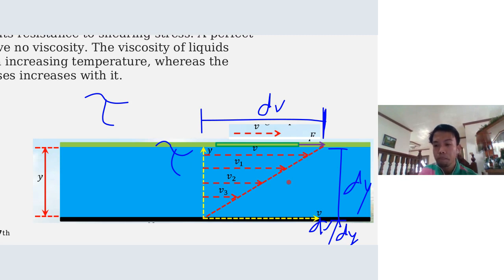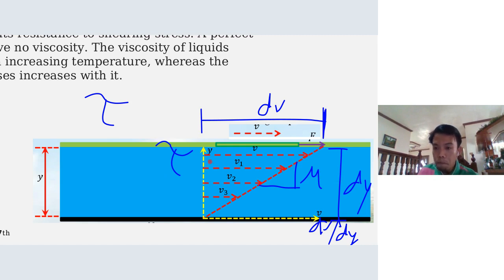So they are directly proportional. Okay, and the constant of proportionality is the viscosity. Okay, so it's the constant of proportionality.